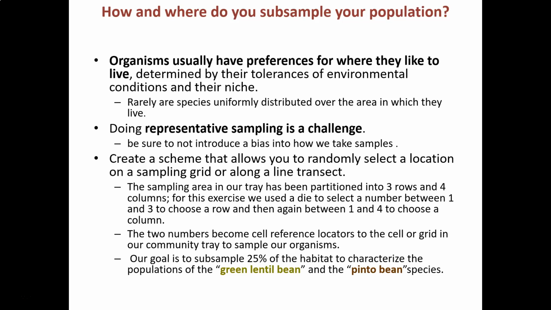For that randomization, you can roll a die twice. The first time you roll the die, you select the column, and the next time you choose the row. Or when you roll the die first, you can pick the row and then the column. It doesn't really matter, but in that way you're randomizing.